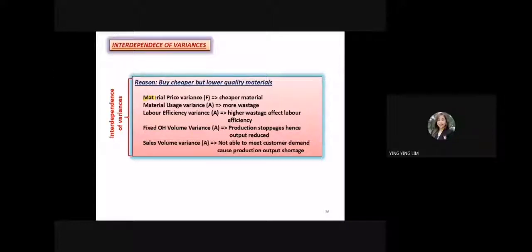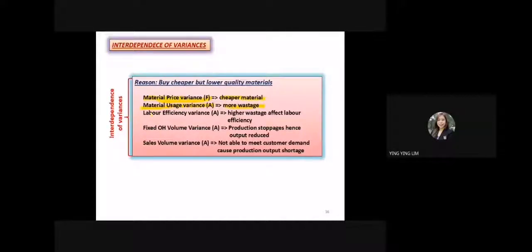If I buy a cheaper material, yes, my material price variance will be favorable because in actual I'm paying less, so it's cheaper material. But due to the cheaper material being of lower quality, it's harder to handle. Therefore, it costs higher wastage, more wastage. Therefore, it results in adverse material usage variance.